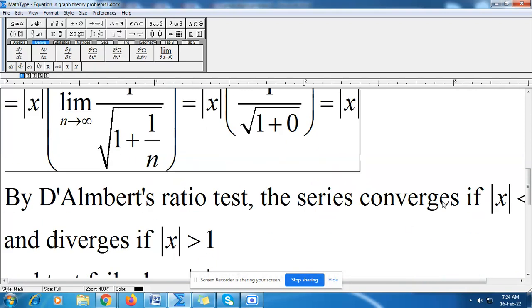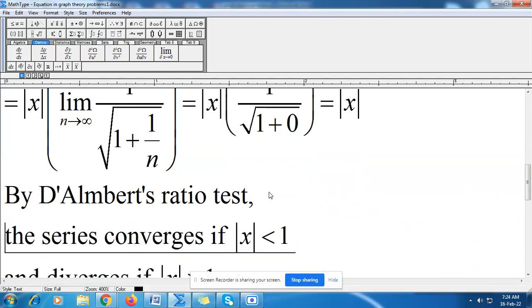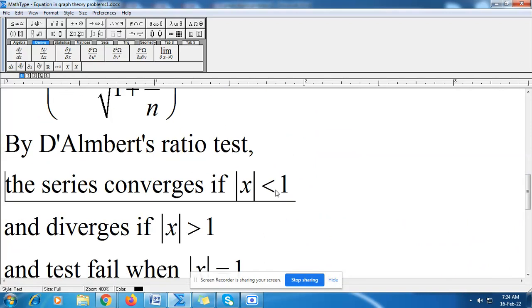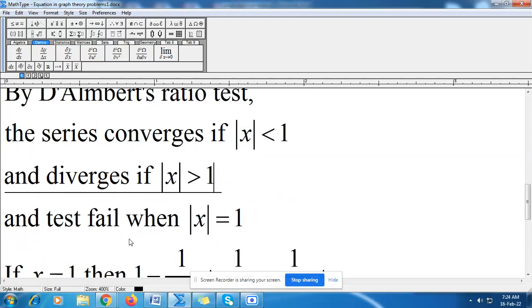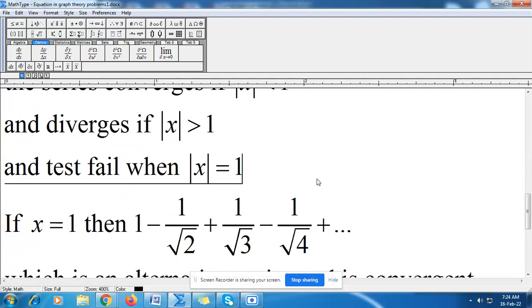By D'Alembert's ratio test, the series converges if mod x is less than 1 and diverges if mod x is greater than 1, and the test fails when mod x equals 1.